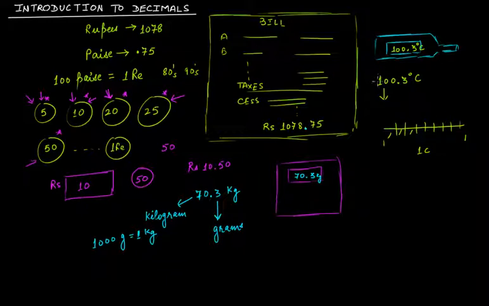Again, this is a decimal representation, where this 100 is telling you the whole 100 degrees Celsius, and this 0.3 is telling you 3 portions out of the 10 equal parts of 1 degree Celsius. Okay, so this is an overview of what decimal numbers look like.